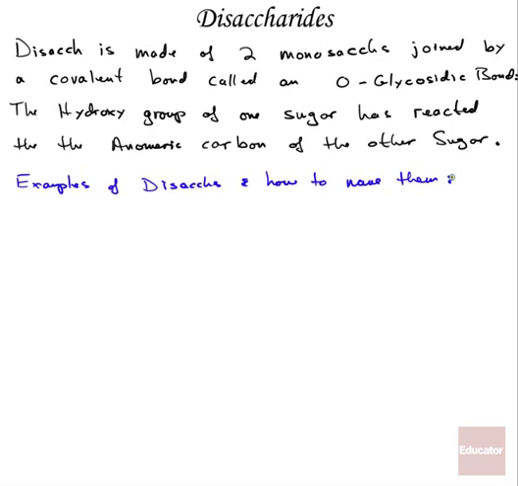Okay, let's start with a particular disaccharide. Let's start with alpha-D-glucose and connect it to beta-D-glucose in something called a 1,4 connection. Let's draw out our alpha-D-glucose. Always proceed systematically. Start with your basic unit.